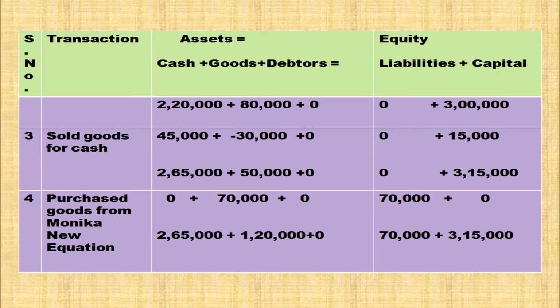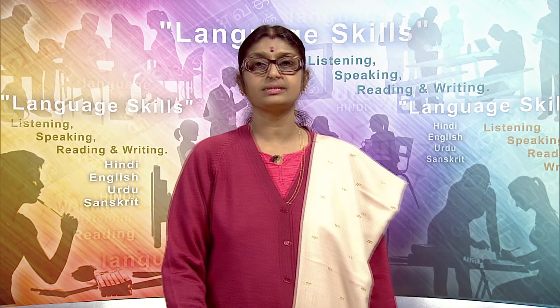So in the new accounting equation, cash worth rupees 2,65,000 plus goods 1,20,000 equals liability 70,000 plus capital 3,15,000. That is on both sides total came to 3,85,000. So the accounting equation is satisfied.